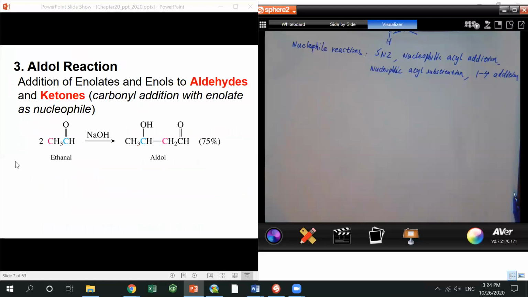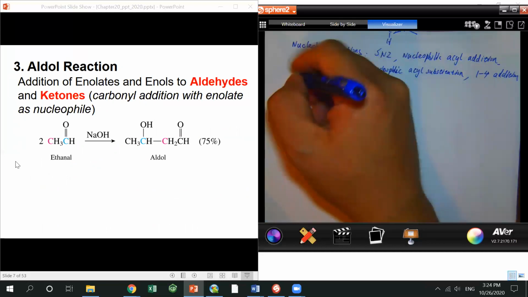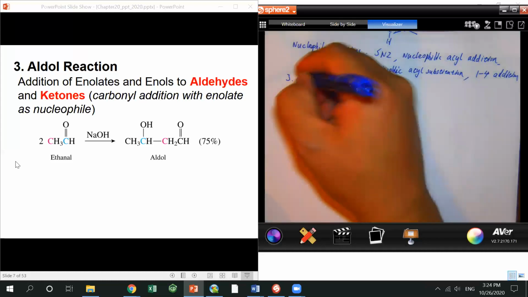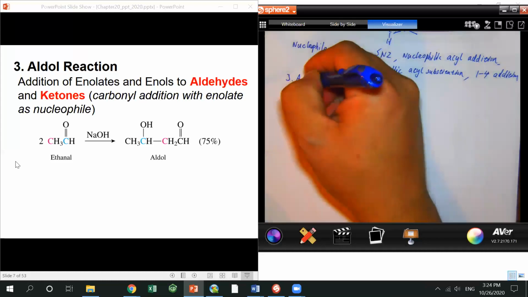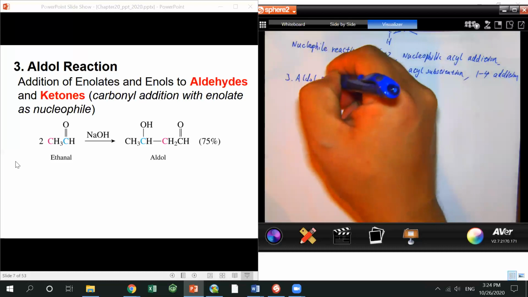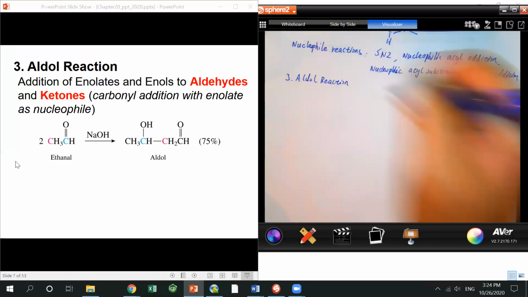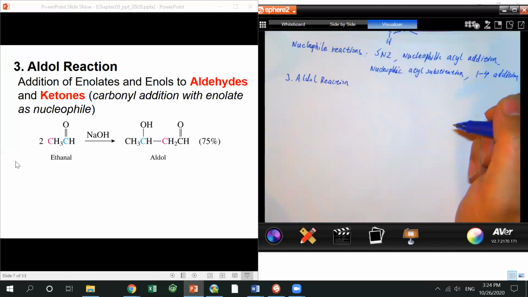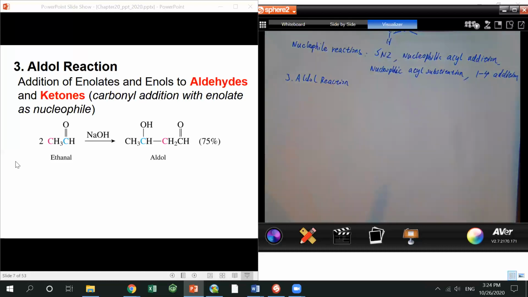So we'll do the Aldol reactions. I hope you prepared for the lab this week. For the Aldol reaction, we do it first: the alpha carbon as a nucleophile does nucleophilic acyl addition.